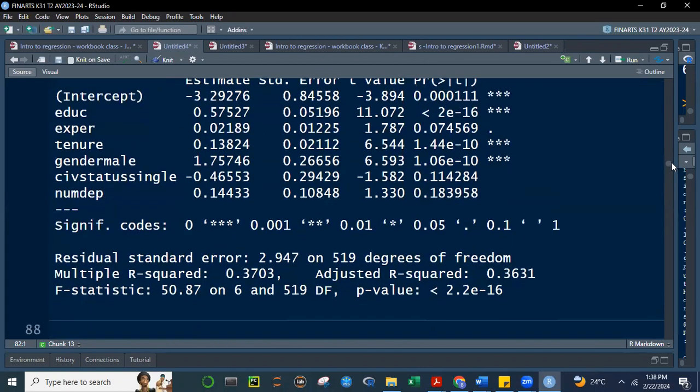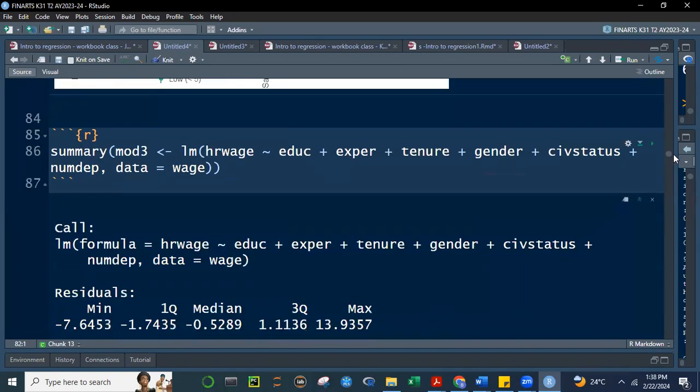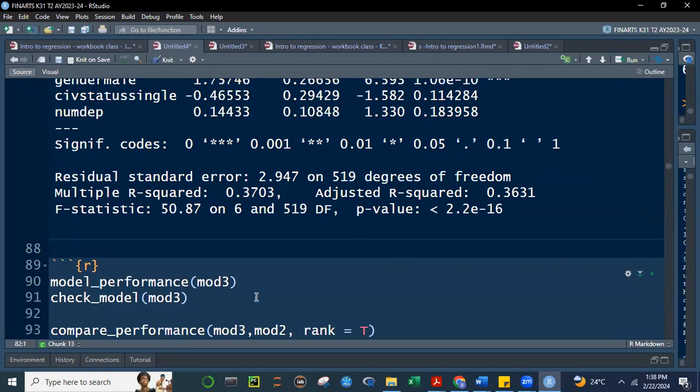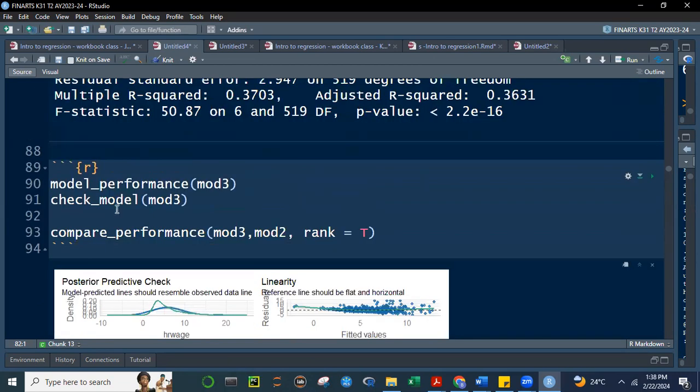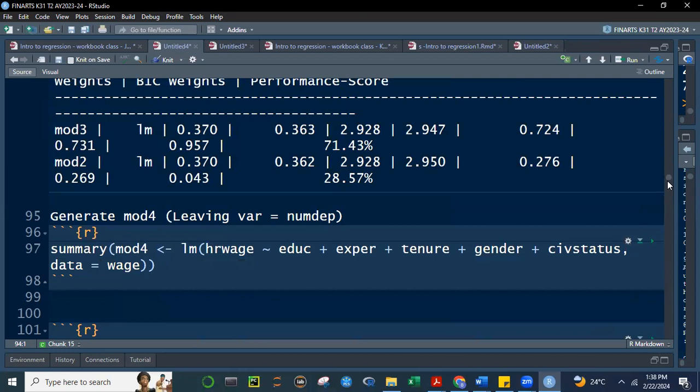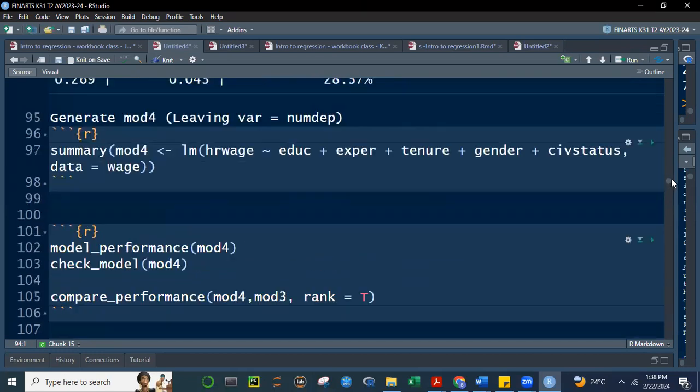And then if we run this, we can compare performance. Model performance muna, I will not do that anymore. Okay, and then compare performance, model number 3 to model number 2.